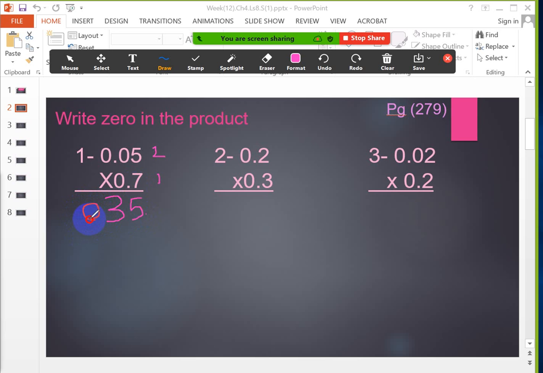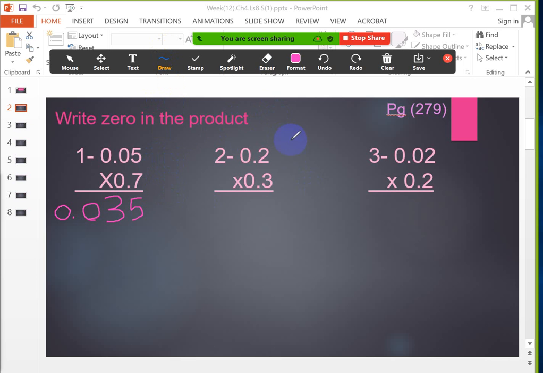So I have to put 3 digits here, but there is no number here, so I will fill this digit with 0 and the decimal point will be here, and the product will be 0.035 thousandths, okay, or 0.035. This is how I will deal with the 0 or with the decimal places after the point.